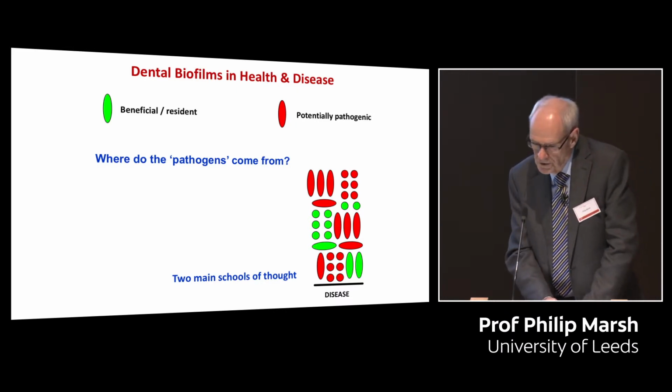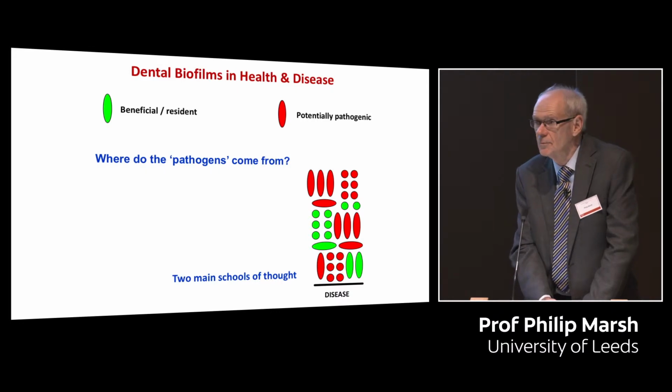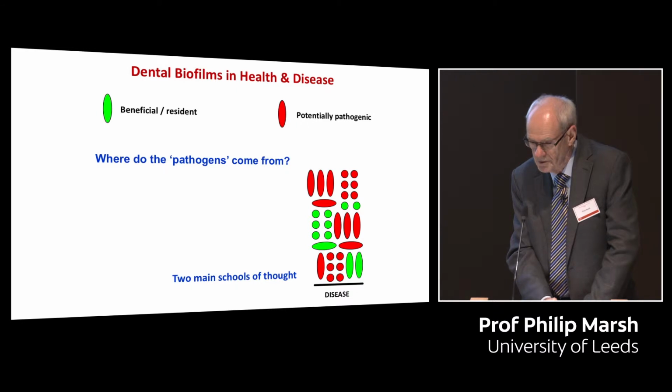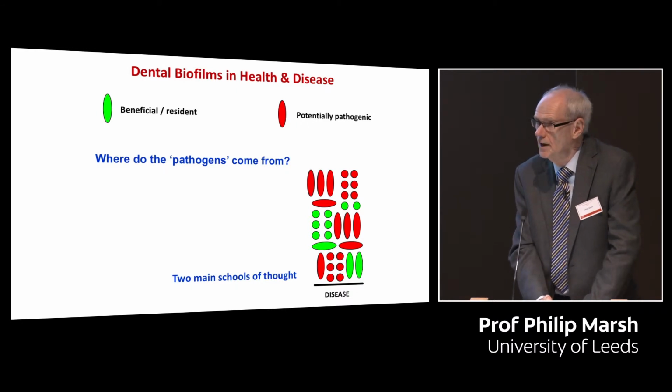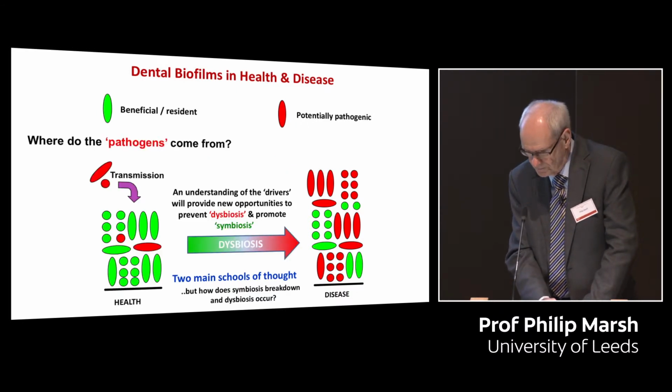There are two main schools of thought. One is that they are present in health, but at extremely low levels that are clinically insignificant, or we acquire them by some process of transmission.